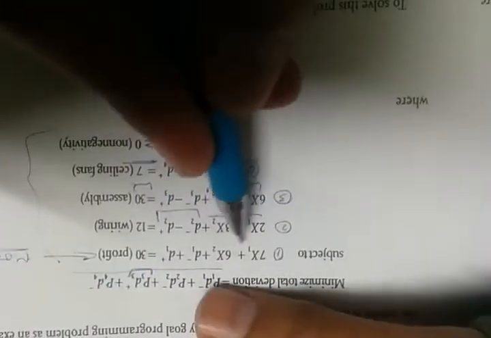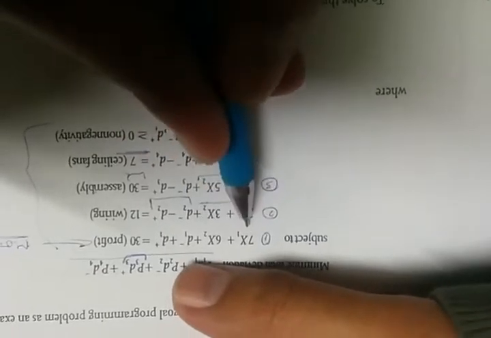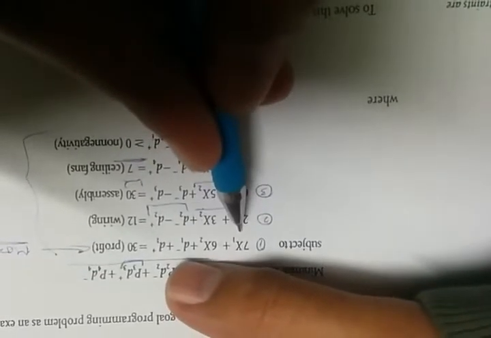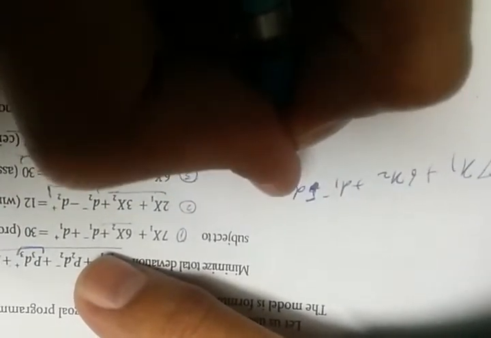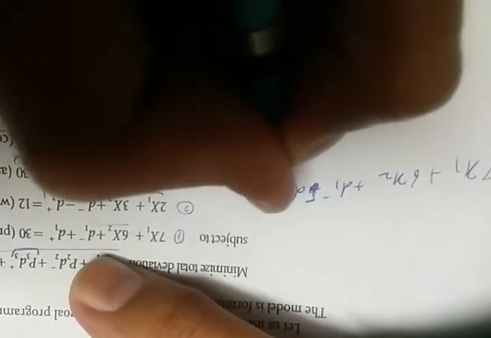In this first equation we will put x2 equal to 6 and x1 equal to 0. So we will get here, I'll do it for you, 7x1 plus 6x2 plus d1 minus, sorry, here is some mistake I think, minus d1 plus is equal to 30.